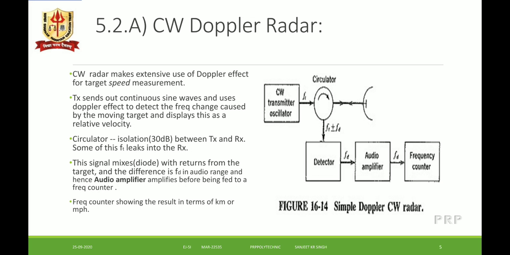Continuous wave Doppler radar. The simple block diagram is shown in the adjacent figure. What we see in the block diagram is the continuous wave radar, which makes extensive use of the Doppler effect for target speed measurement. So continuous wave radar produces a continuous sine wave, for example at a frequency ft, and it is transmitted through the transmitting antenna after it has passed through the circulator.